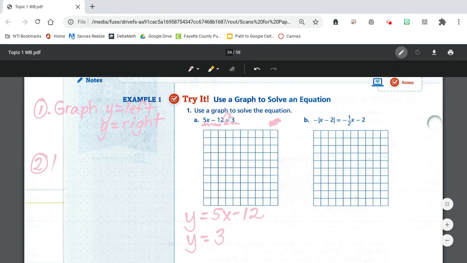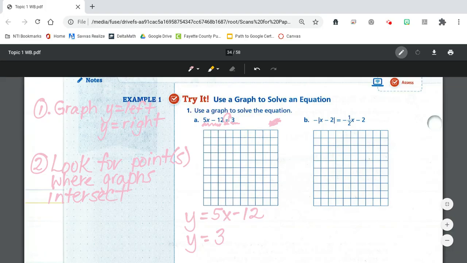So step number 2 is look for the point, and sometimes it's more than one, where graphs intersect. Okay?